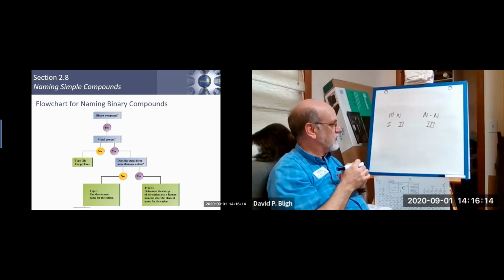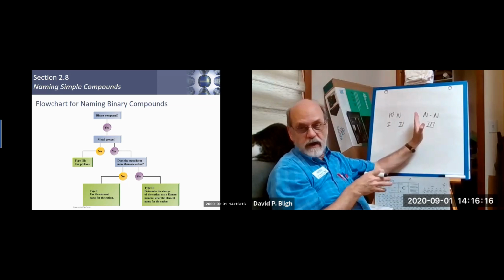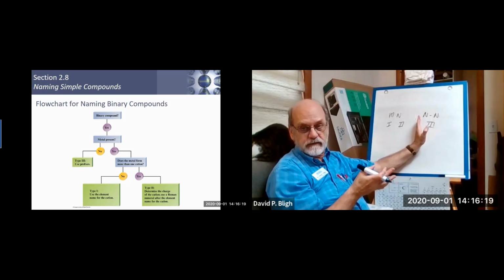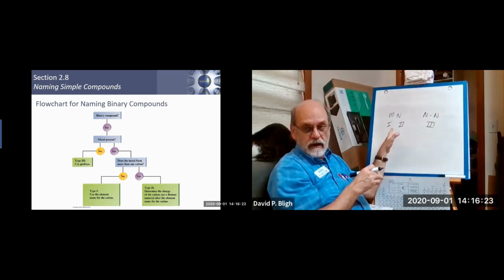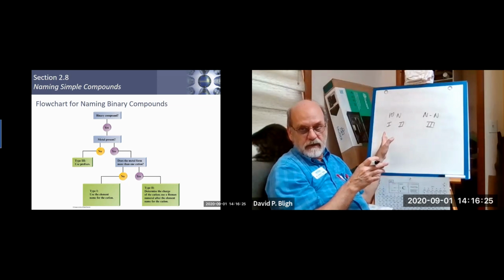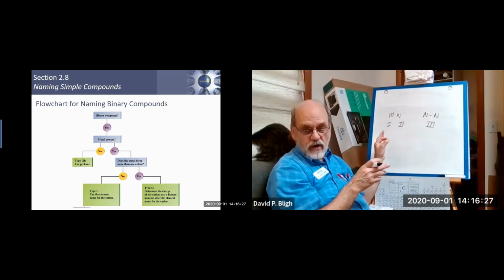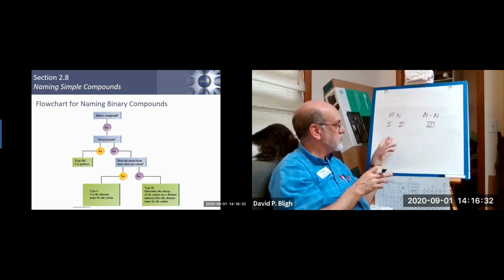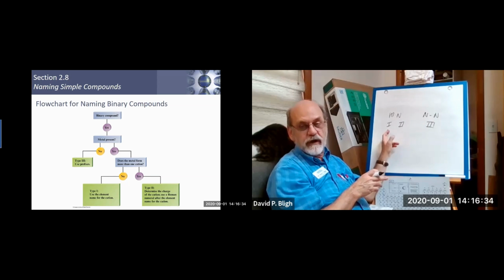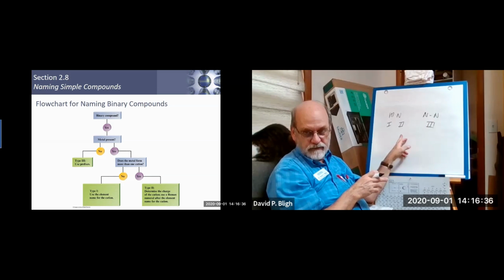Okay? So if you're over here, you know all you have to do is give it prefixes for the numbers. If you're over here, then you have to make another decision. Is the metal fixed charge or variable charge? If it's fixed charge, you're type 1. Variable charge, type 2.